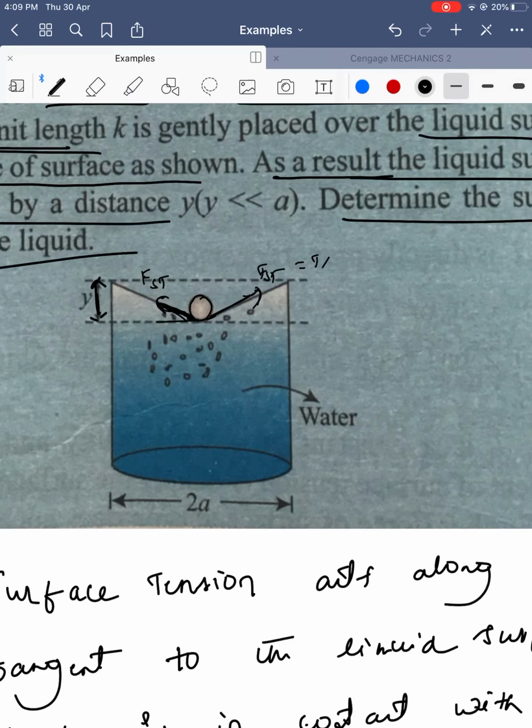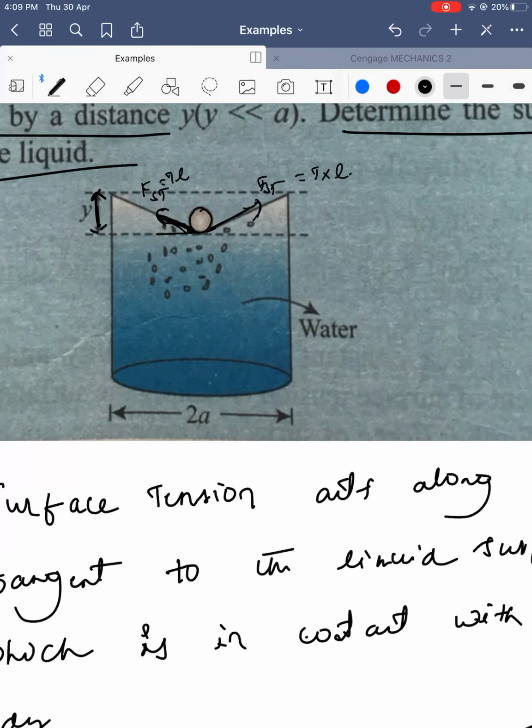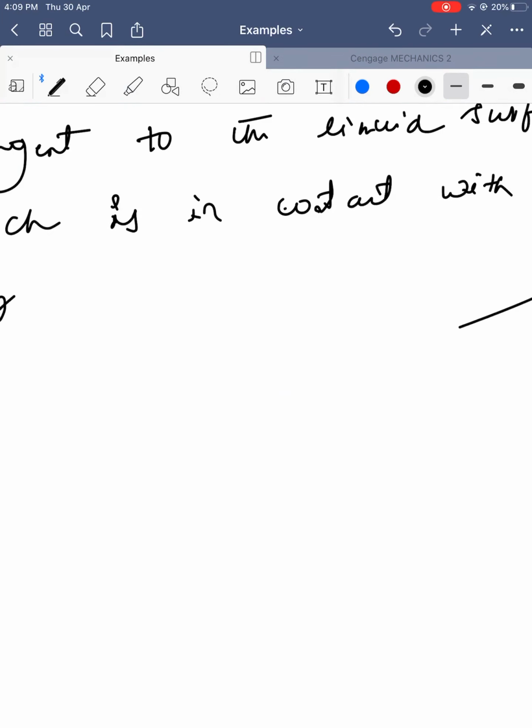What is the surface tension formula? T into length on one side, T into length on the other side. Let's draw the free body diagram clearly. One side, another side. Here it is making an angle theta.